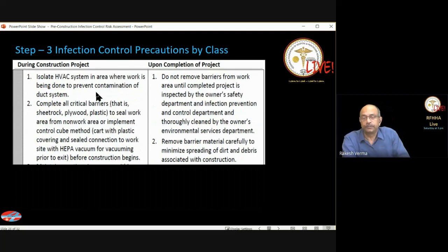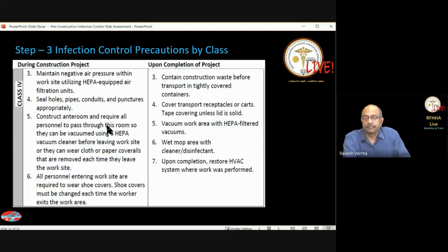Just to look at an example, the first one is to isolate the HVAC system in the area where the construction is being done to prevent contamination of the duct system. And like that, it continues. There are 6 precautions listed to be implemented during the project, and upon completion, there are 7 of them. So what should be done and how it should be implemented is defined in the class of infection control precautions.